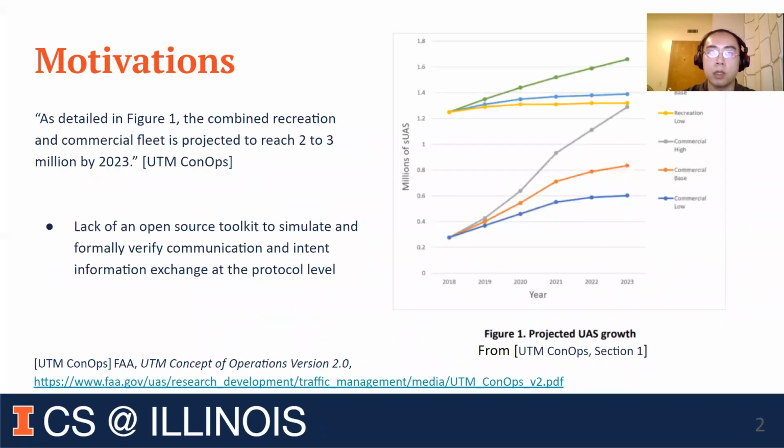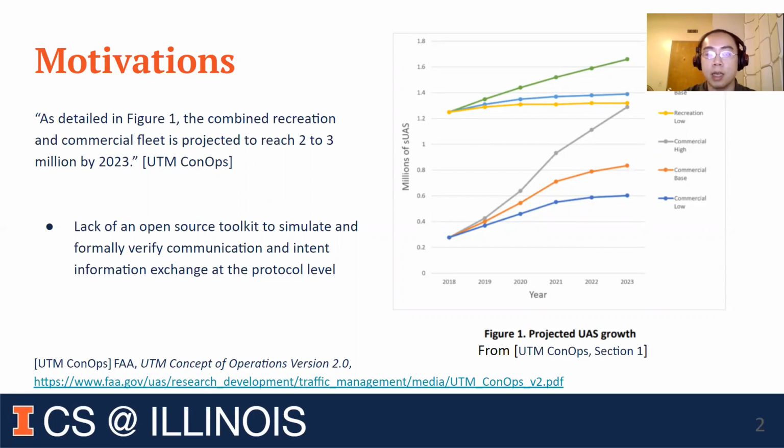To start with, our motivation comes from the UTM concept of operations report published by FAA. In this report, it predicted that by 2023, 2 to 3 million unmanned aircraft are expected to be flying in the US.